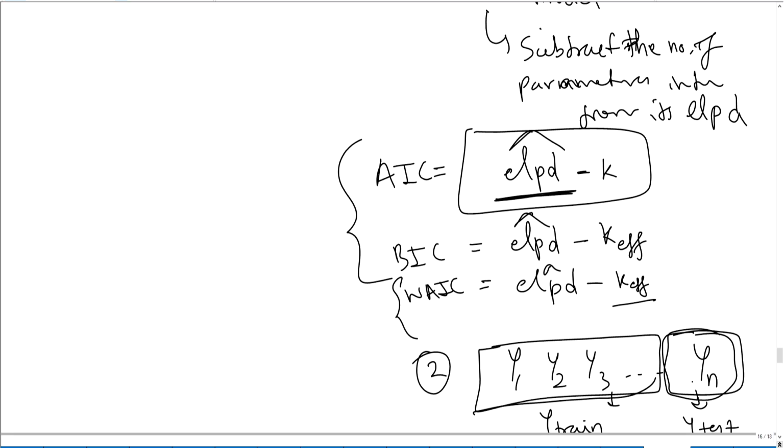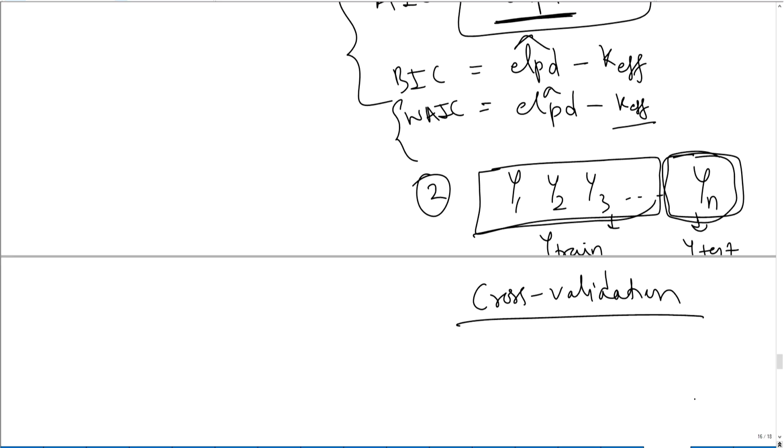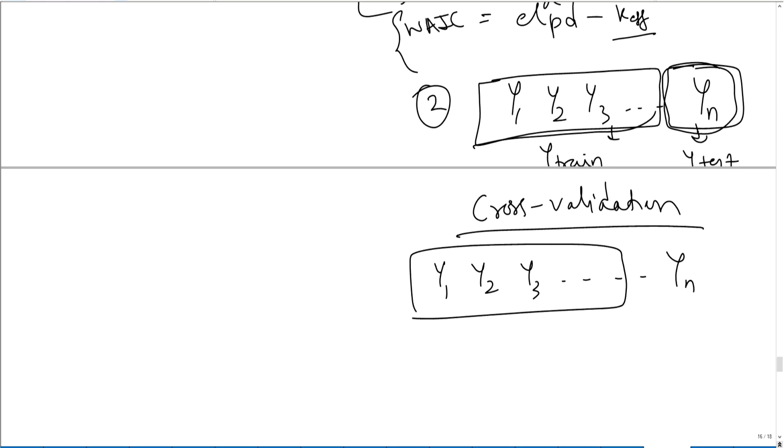Cross validation is a much better solution, especially when you have a good enough number of data points. So the general approach is that we split our data into a training set, let's say y train, and a test set, let's say y test.